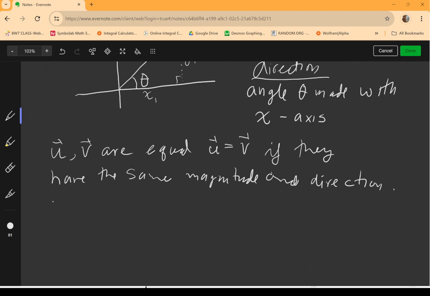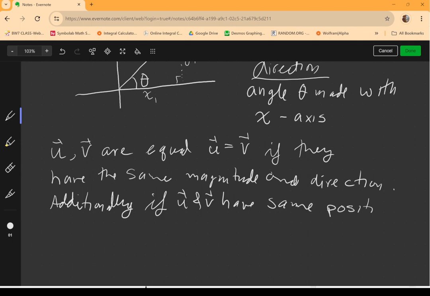Additionally, if u and v have the same position vector, then they are equal. So now we've defined vector equality: what it means for two vectors to be equal.